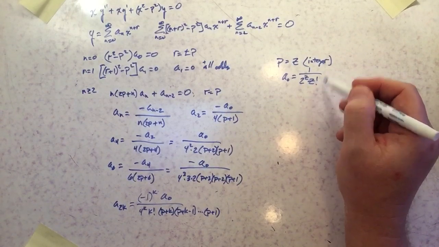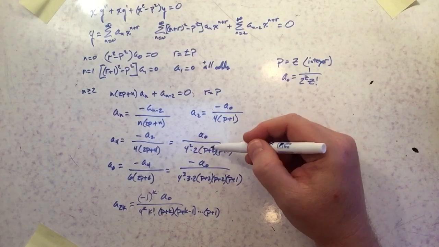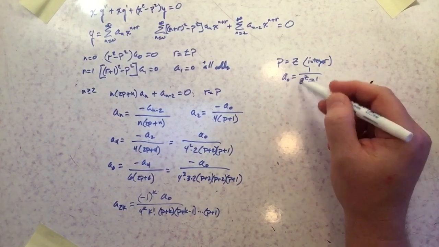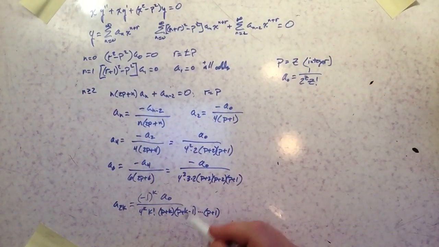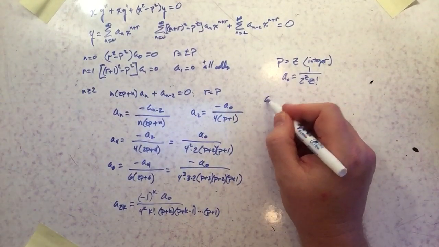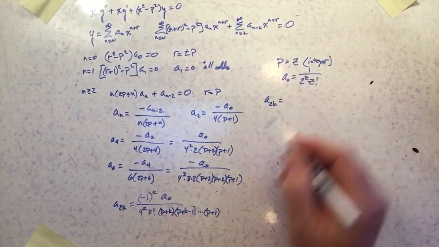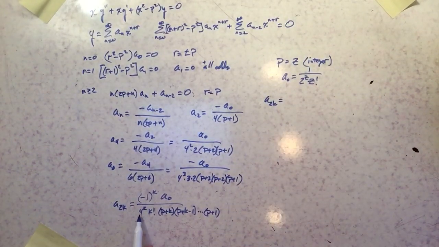You might wonder why I've chosen it. Remember, a naught is just an arbitrary constant that comes with the series. The whole purpose for choosing this is it dramatically simplifies this, and let me show you how that works. So a to the 2k is now going to be equal to, well, the 2 to the z I can combine with 4 to the k, or 2 to the 2k, because 4 is 2 squared.